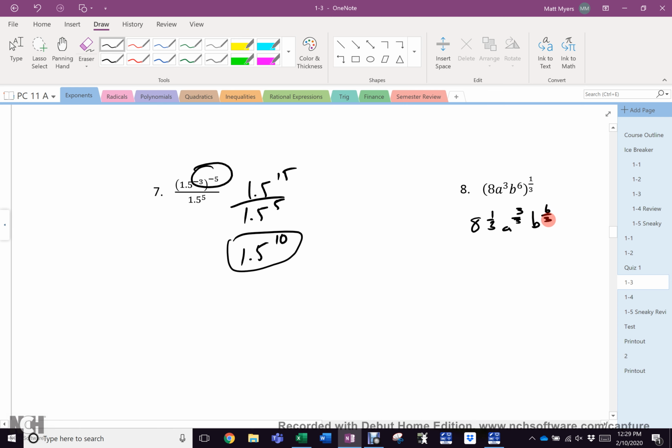Is that okay? What's 8 to the 1/3? That's 2, because that is the cubed root of 8. What's 3 divided by 3? So it's a to the 1. What's 6 divided by 3? B to the 2. 2ab squared.